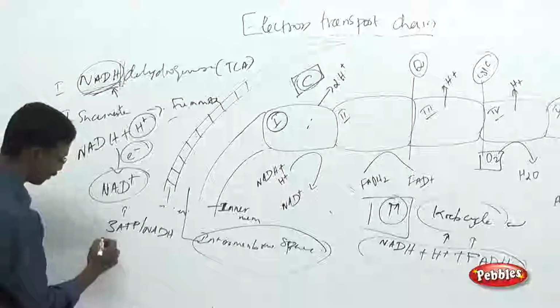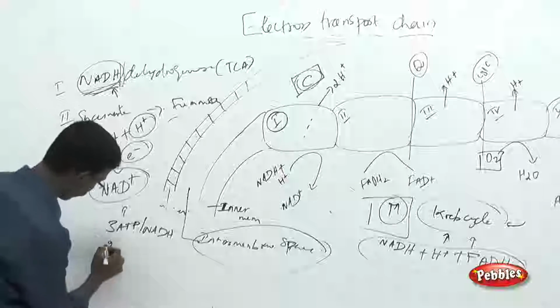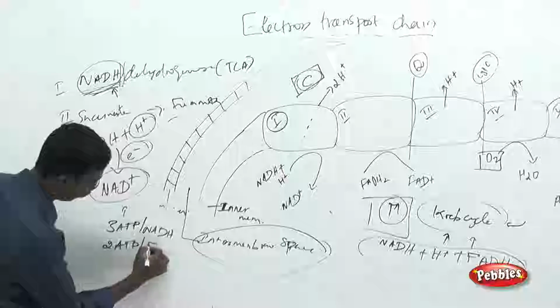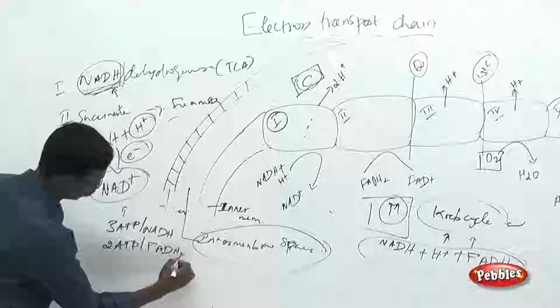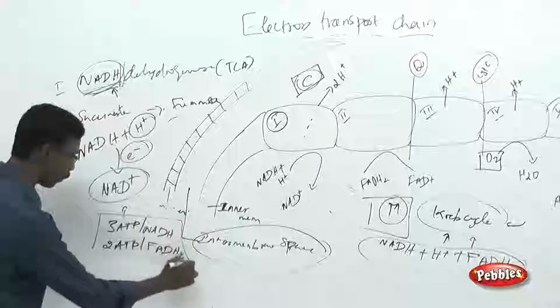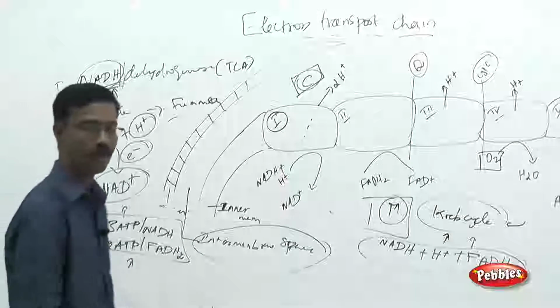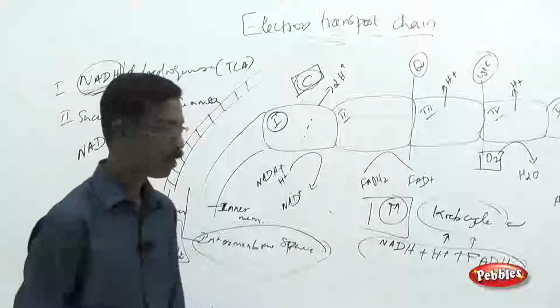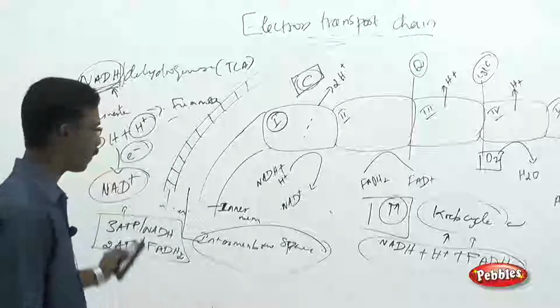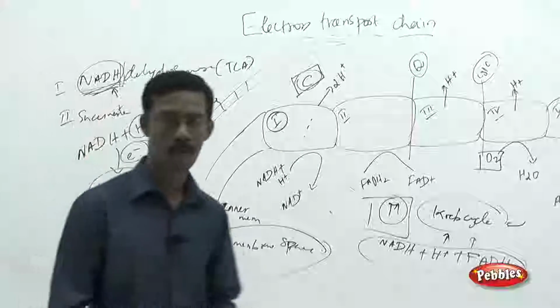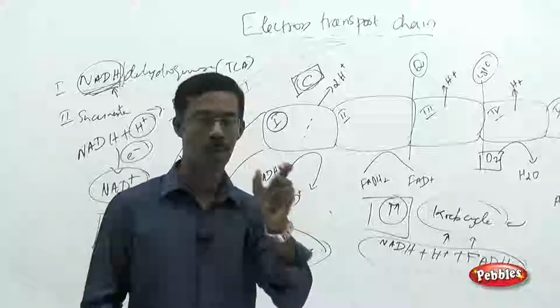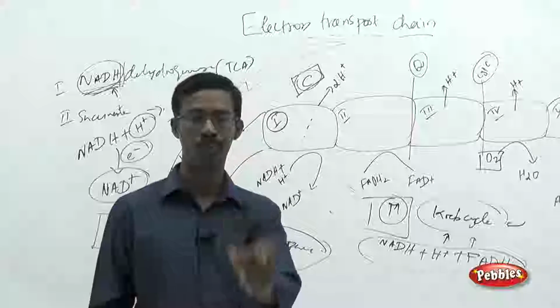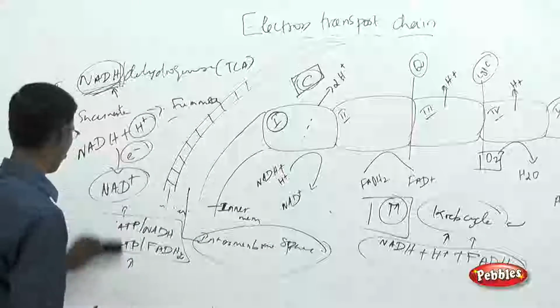And for the next complex, 2 ATP molecules per FADH2 molecule. Remember this to calculate the total amount of energy produced from glycolysis or the complete carbohydrate metabolism, and we will discuss the details later. The first complex accepts the electrons and protons from the NADH molecule.